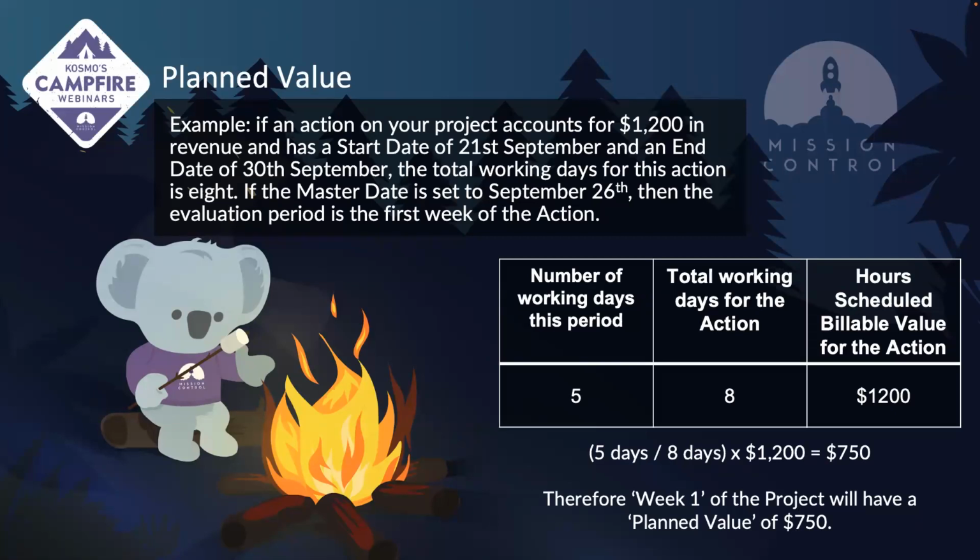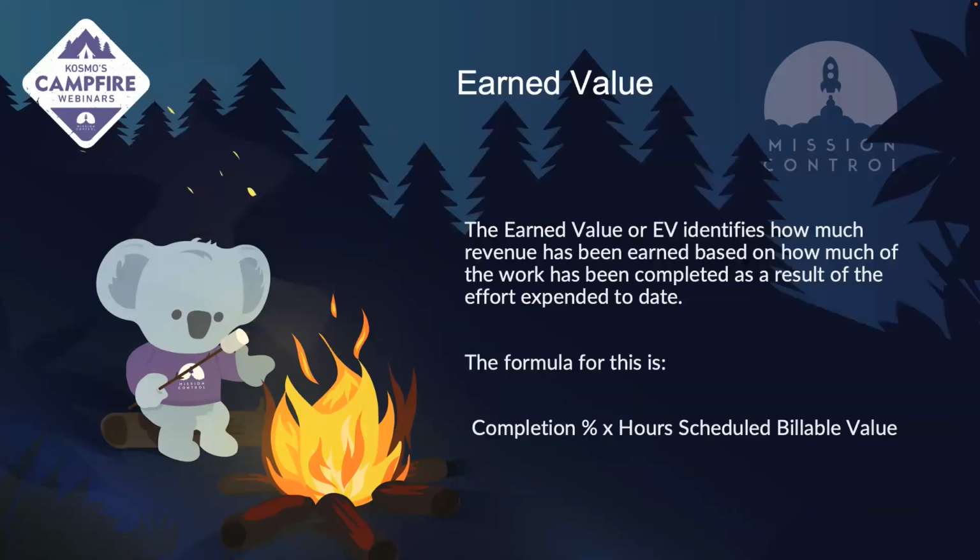Okay, getting into earned value. So we've discussed the planned. Now we are going to discuss how much has been earned. And the formula for this is based off your completion percentage on your actions. Now with your completion percentage, you can have it automate. We already have an automation to populate your completion percentage as your users are logging time.